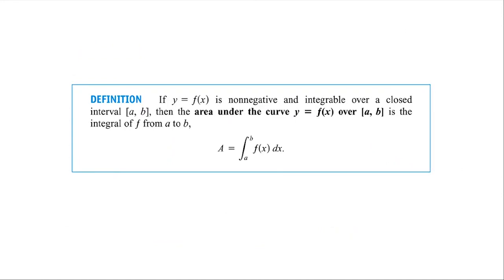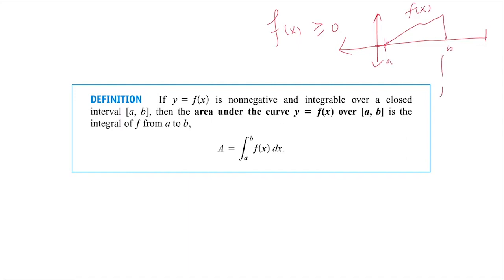Now if we are dealing with a positive function, let's say the function is non-negative, which means it's above the x-axis. If we have a non-negative function, this is the function for example, then the definite integration of that function from point A to point B is actually the area of this region under this curve and above the x-axis.